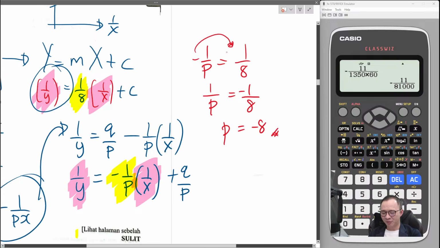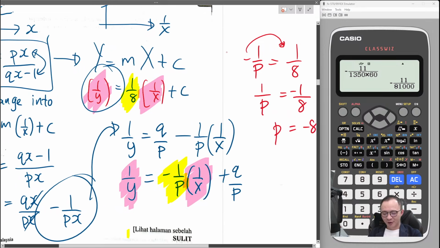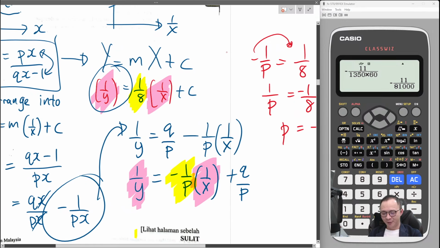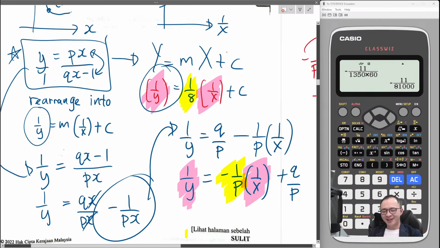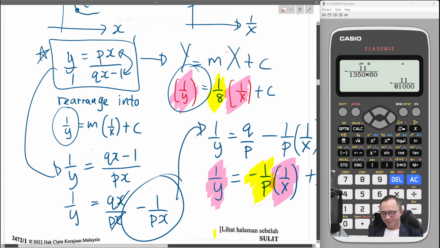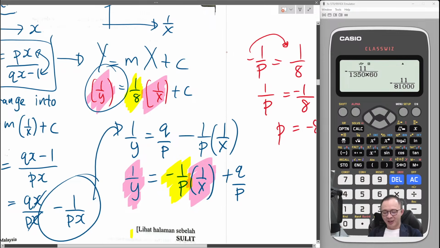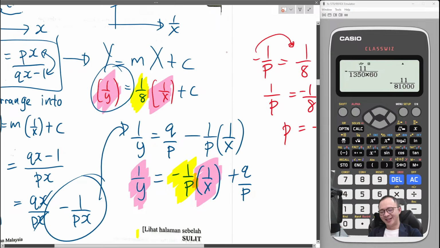But I want to find q. So if I want to find q, I will need to find c. Because over here, I don't have the c. So I would literally need to find c.